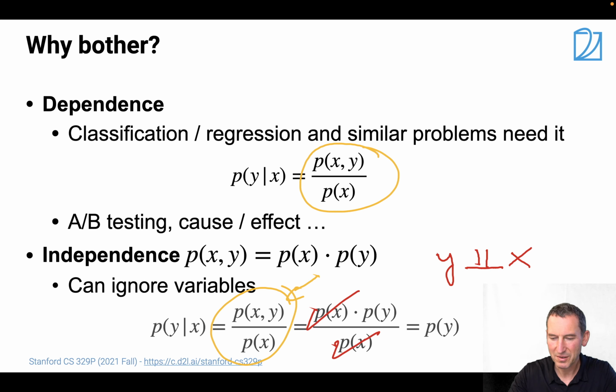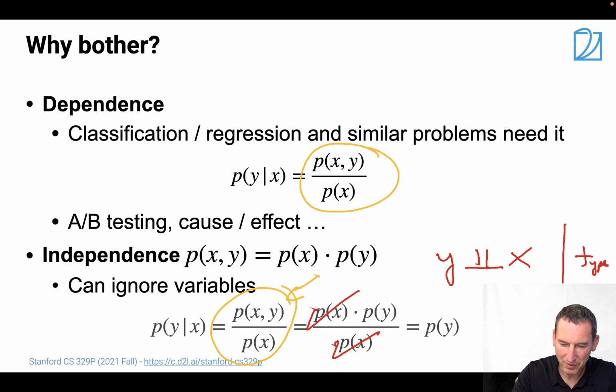Now, in some cases, you may say two things are independent of each other conditioned on a third one. For instance, if you recall the situation with the real cats and the cartoon cats, what we might have is the following situation where, conditioned on the type, so whether I'm going to create a cartoon cat or dog, or whether I'm going to take a picture of a cat or a dog.